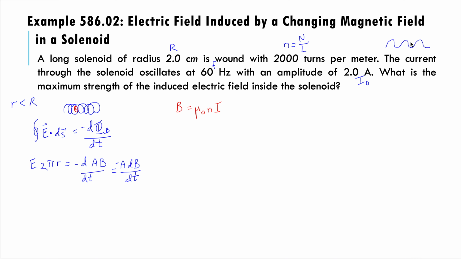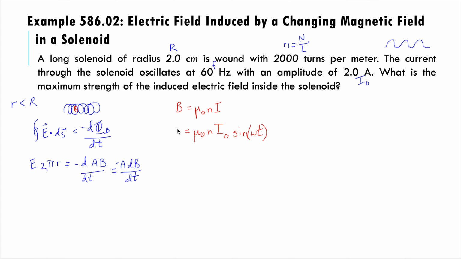When the current oscillates, we can write I equal to the maximum current times sine of omega t, where omega is the angular frequency. This is how we write our sinusoidal function when we have alternating voltage and alternating current that's oscillating in time.